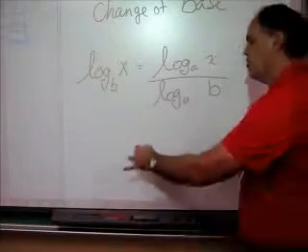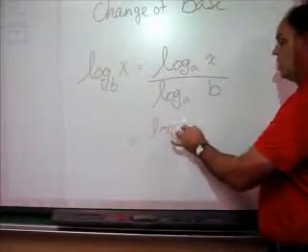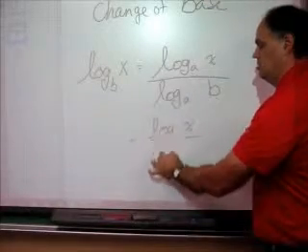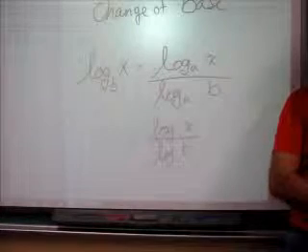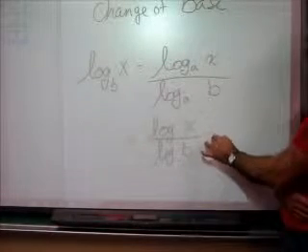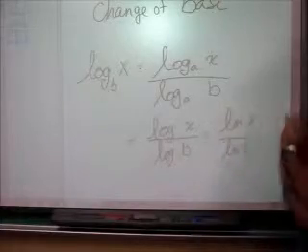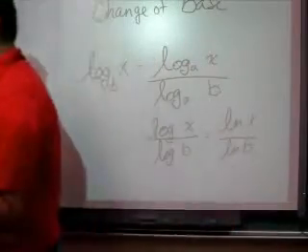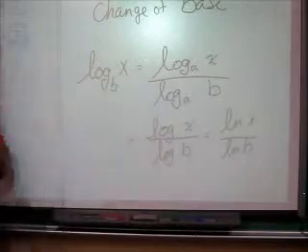Again, a lot of us would probably see this as log base 10, or common log, of x over log base 10 of b, which is common log of b. Or if we want natural logs, either one. Any of those three are telling us the same thing. Again, we use these because that's what's on our calculators.